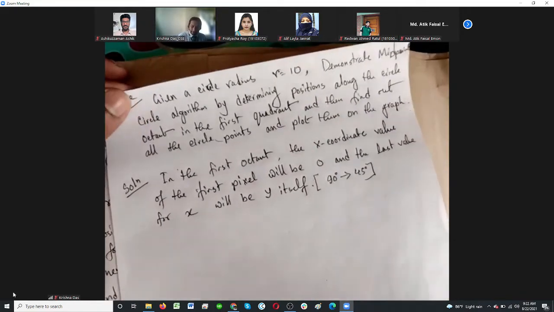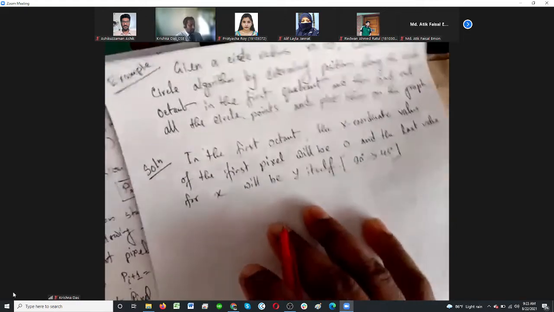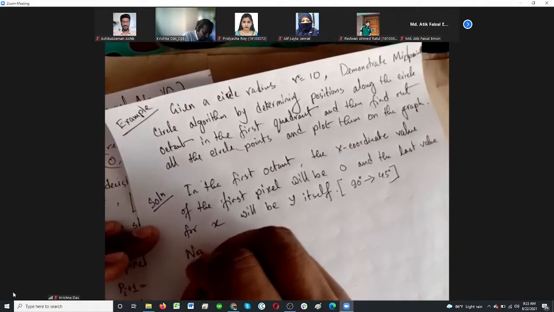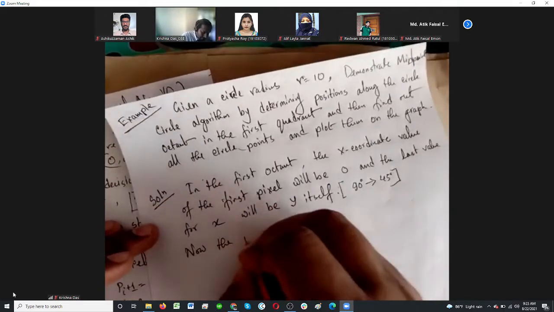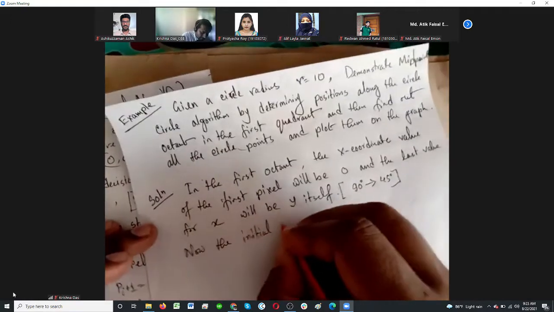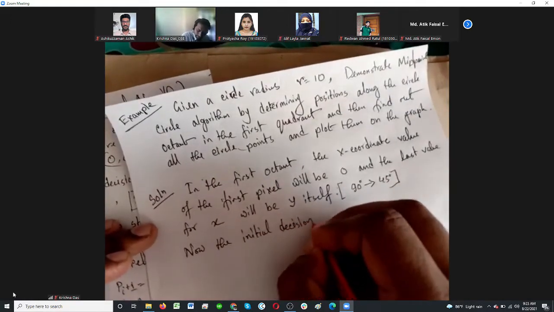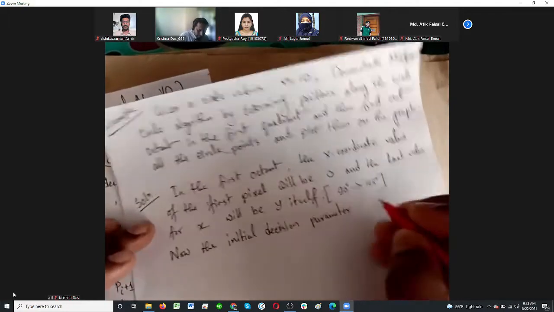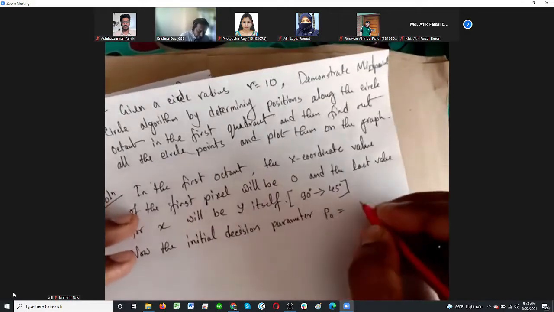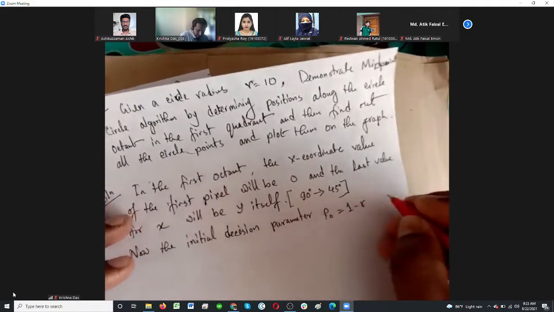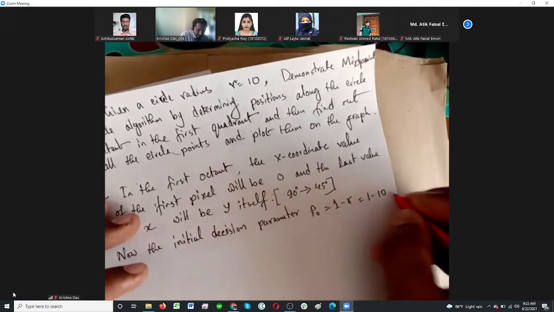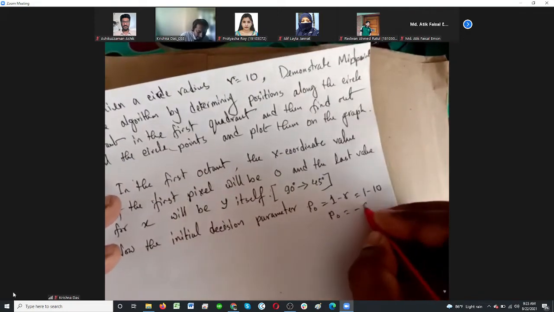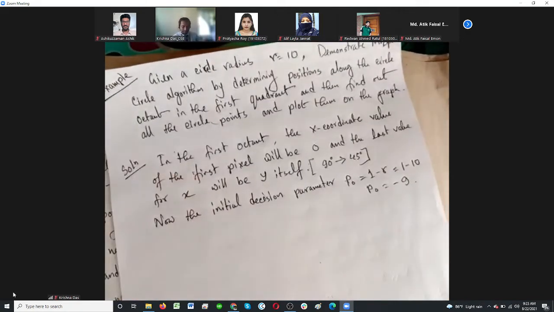We need the initial decision parameter. P naught is equal to 1 minus R. So 1 minus 10, R is 10, so we get P naught equal to minus 9, right?